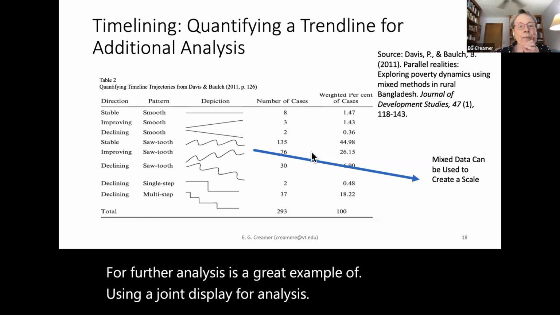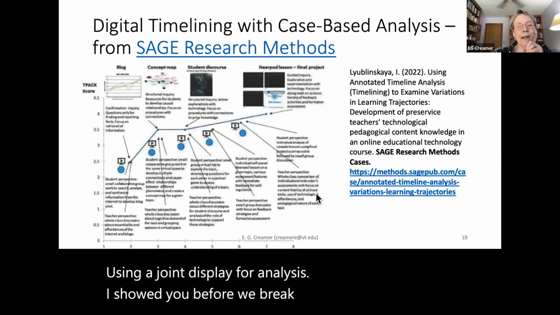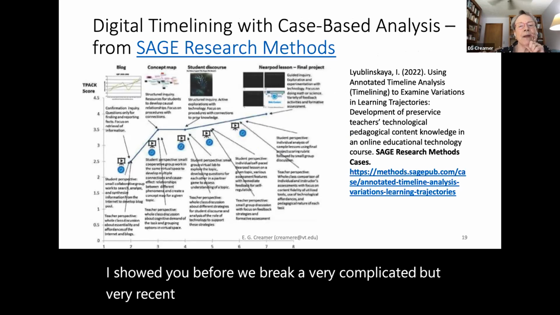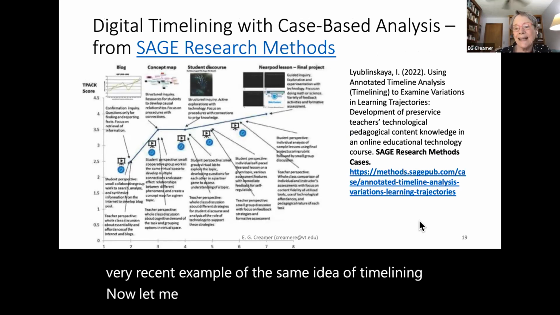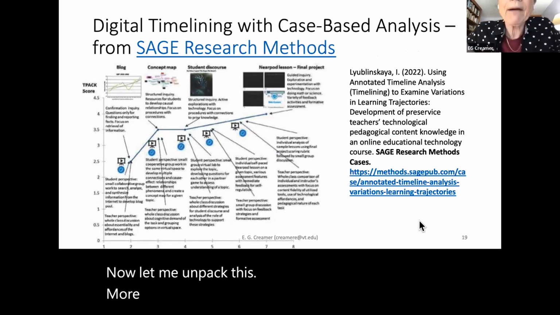I'll show you before we break a very complicated but very recent example of the same idea of timelining. Now let me unpack this. More questions. Oh, I can't wait to answer these questions when we come back from break.